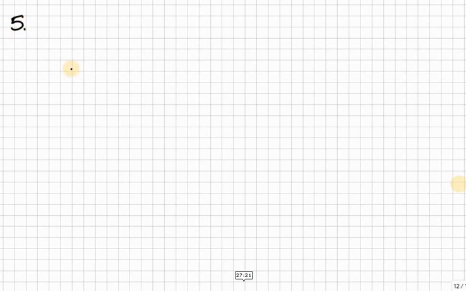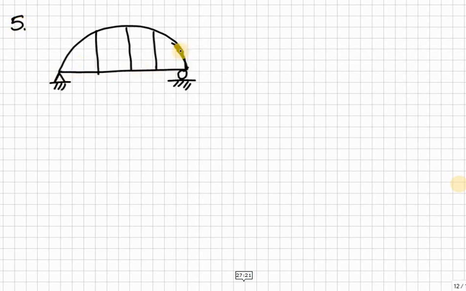So next example, a one-bay arched beam. So here we have 4 closed loops. Therefore, A is equal to 4. And reaction is equal to 2 plus 1, 2 for hinge, 1 for roller support.